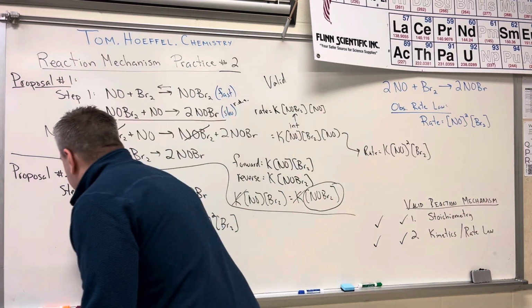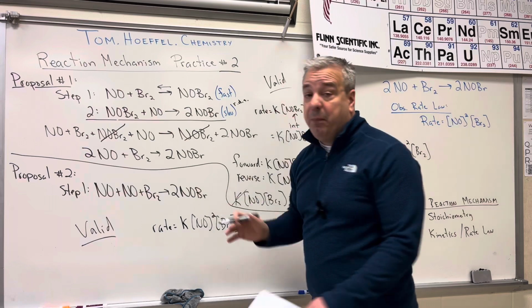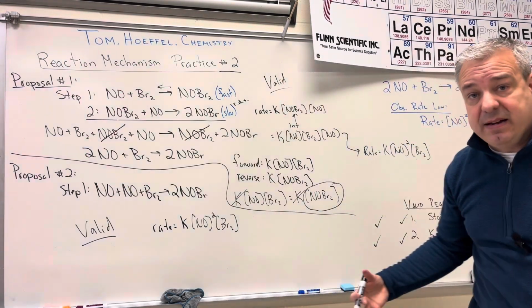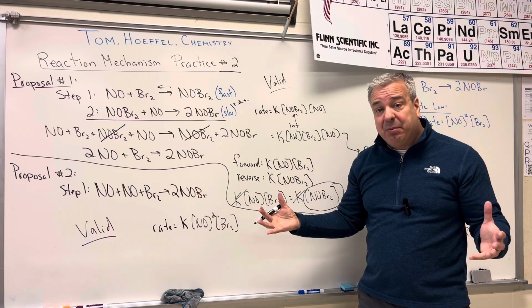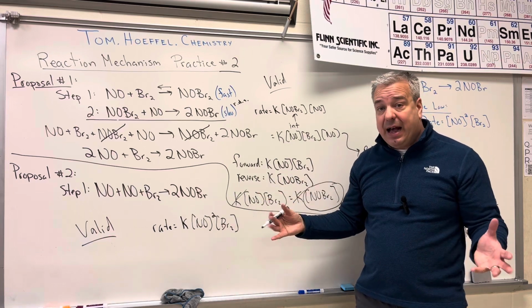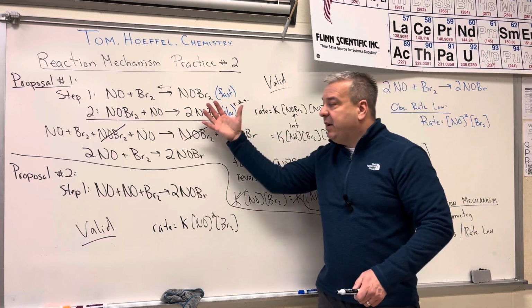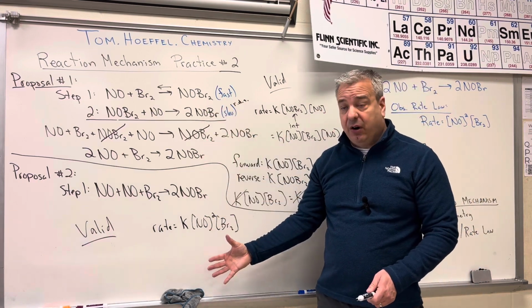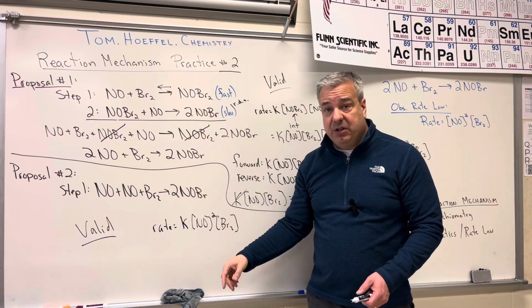So this reaction mechanism is valid as well. They're both valid reaction mechanisms. And what we're trying to accomplish here is just to see if they're valid or not. Now, I could ask this extra question. Which one is more likely to occur? Proposal 1 or the simple proposal number 2?